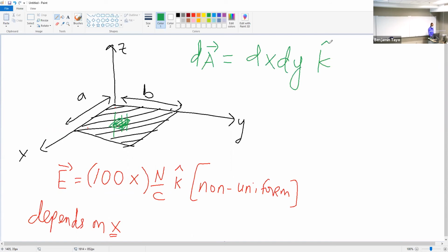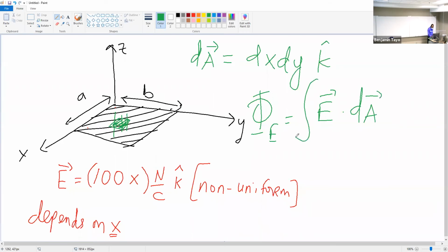And so in this case, my electric flux is the integral of E dot dA. Now this integral is done over the surface. So S is called the surface area.